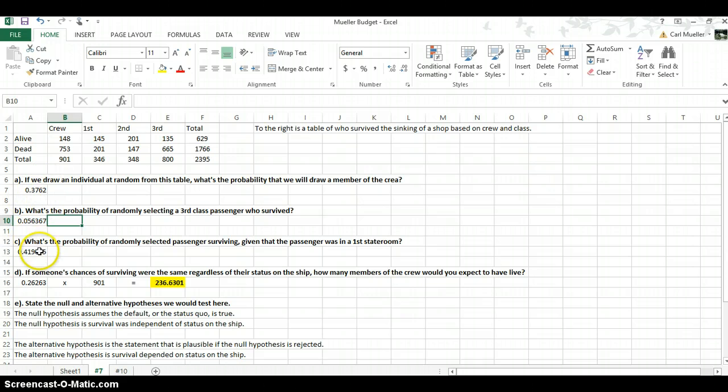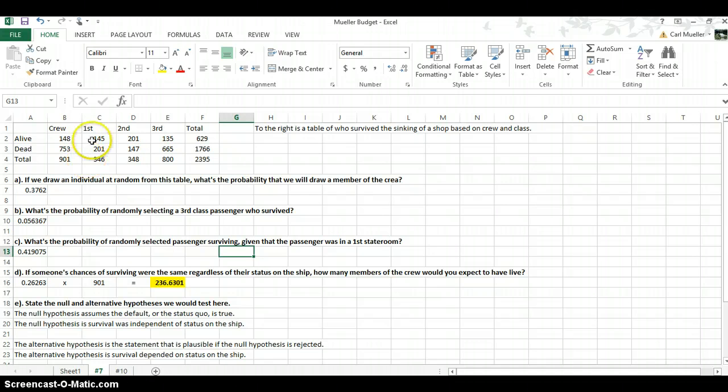this question. Part C is what's the probability of randomly selecting a passenger surviving, given that the passenger was in a first-class stateroom. Framed a little bit differently, what this question really means is, restricting to the first-class passengers, what is the probability of picking a survivor? That's really what it's asking.